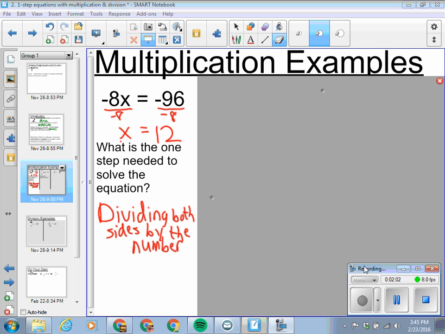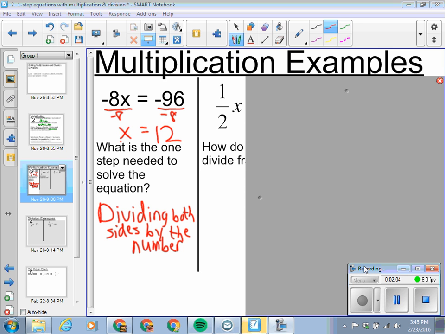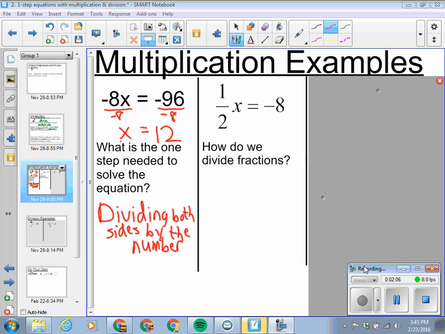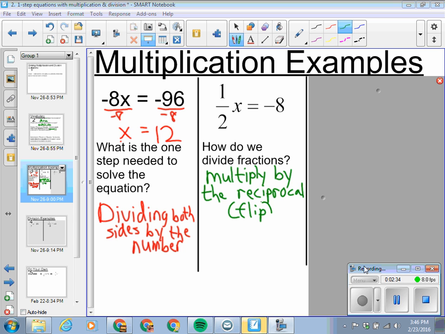Now it gets a little tricky when we involve fractions. So we have 1/2 x equals negative 8. Our step's the same. We're going to divide each side by the coefficient, divide by 1/2. And we should know that to divide fractions, we have to multiply by the reciprocal, or by the flip. Reciprocal is the mathematical term for it, but you may know it more as just flip that fraction.